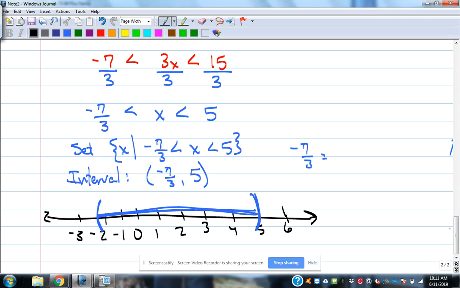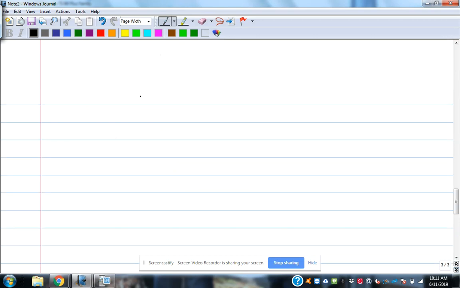So problems that I would suggest for these two sections, the 2.6 that we talked about earlier, grab that paper real quick, or excuse me, 2.5, 2.6 is on page 226. That's where that came from. 1 through 51, odd.